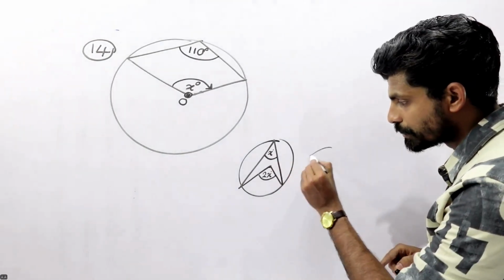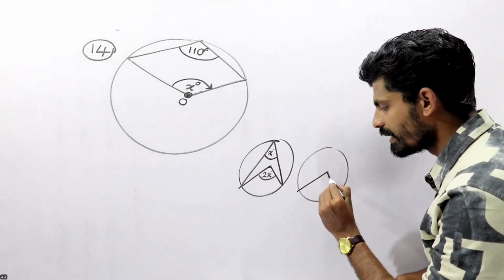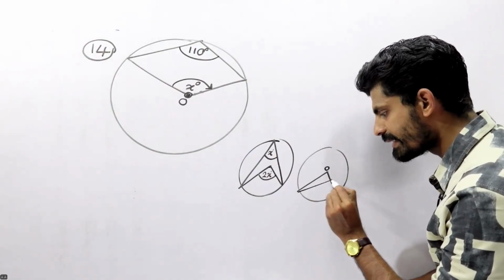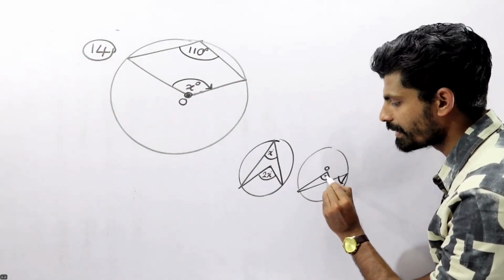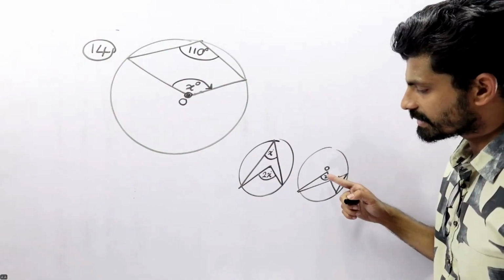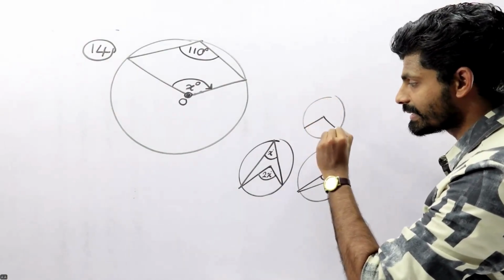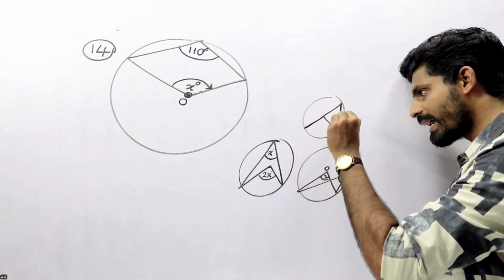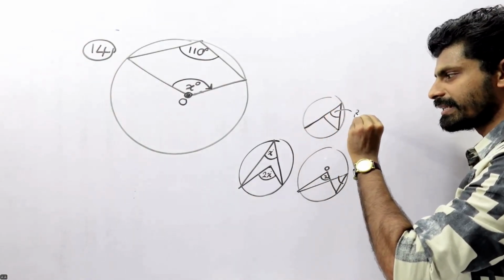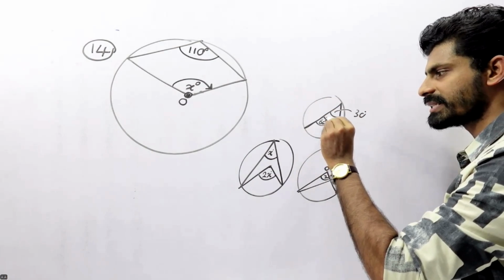Angle at the center is twice angle at the perimeter. 30 means this one equals to 60.